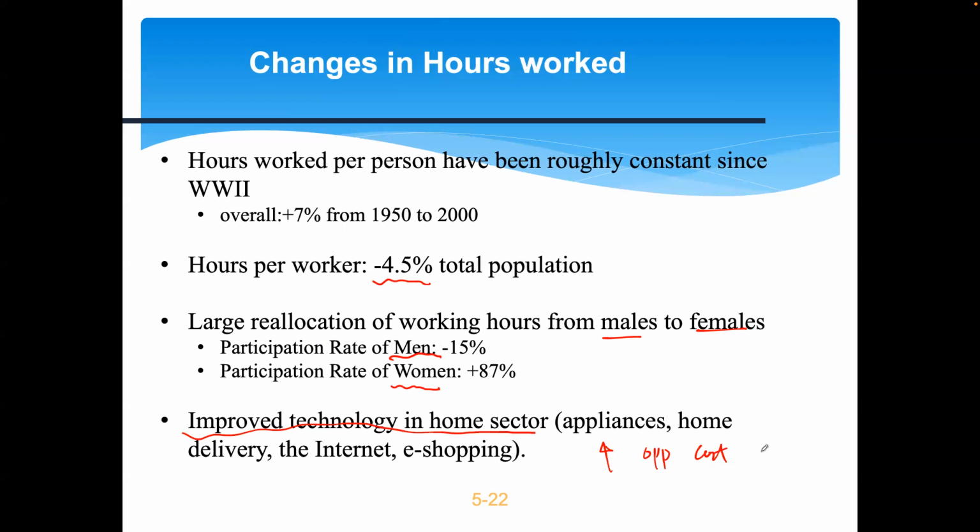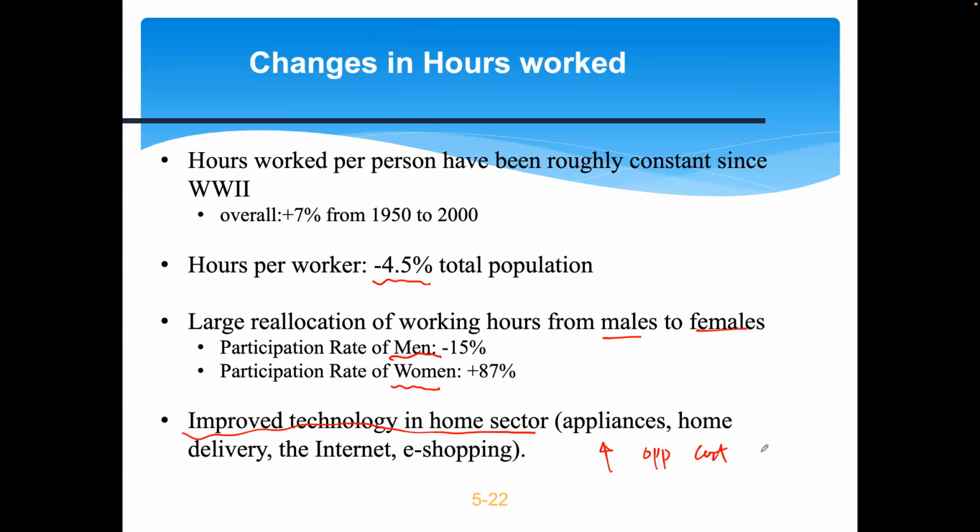Why? Before, without this technology, you stay at home and do these things yourself. Yes, you can ask somebody else to do it, but then you have to pay, right? At the end of the day, the cost of doing this housekeeping is pretty much the same as going out to work and making some wage income. But this technology dramatically reduces the cost of doing such housekeeping.